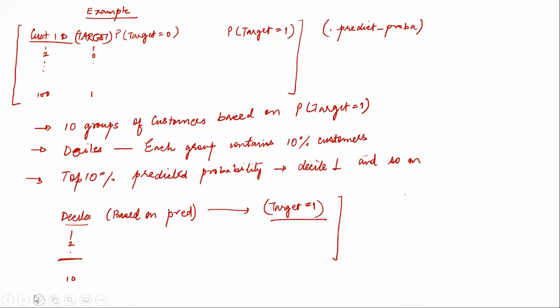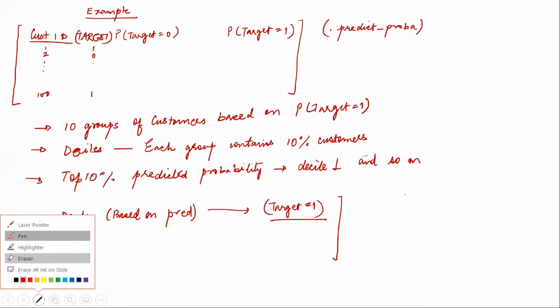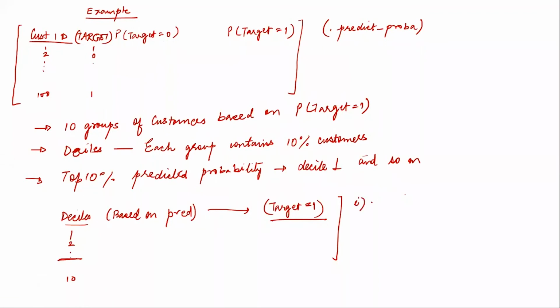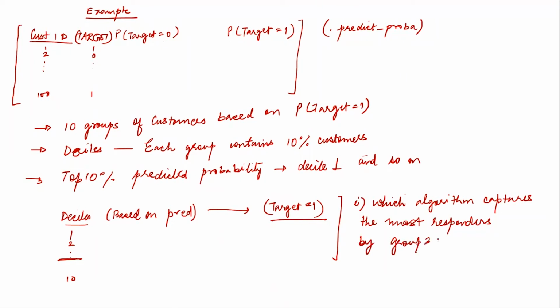Yeah, we can take a decision on which algorithm captures the most responders by group 3. That is something we can understand.